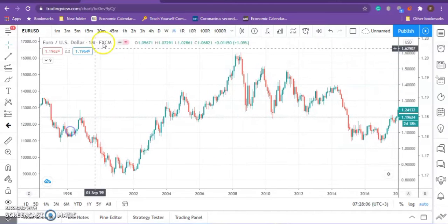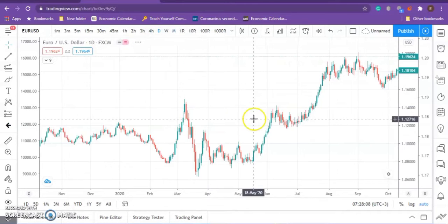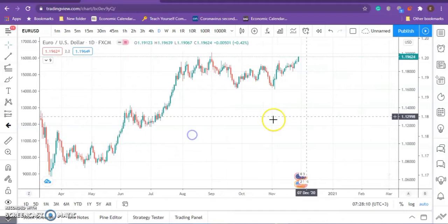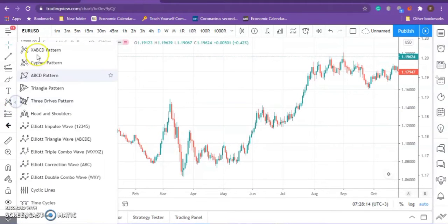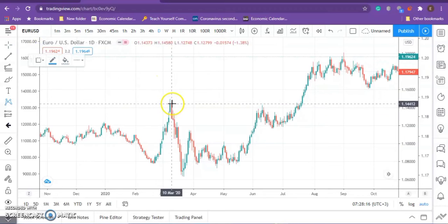from 1994. So let's switch to daily time frame so that we can be able to see more of these XABCD patterns. And these patterns may occur with other patterns such as the M formation, the W formation, and also the head and shoulder formation. Yeah.